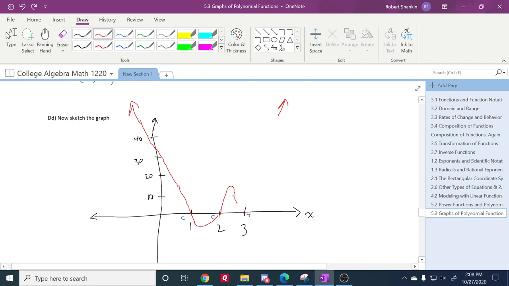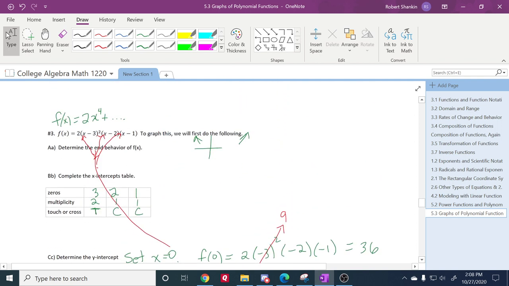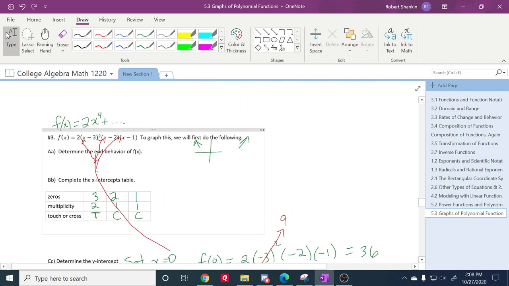I have to do touching it. Just touches it. And then I go like this. Okay. And then, when I'm done, I could take this function and type it into a graphing utility.